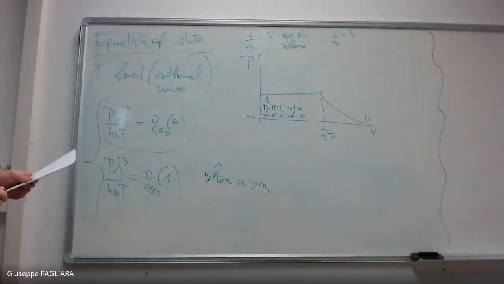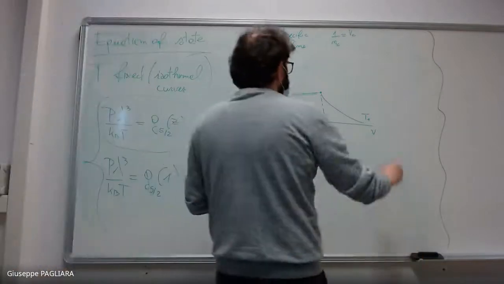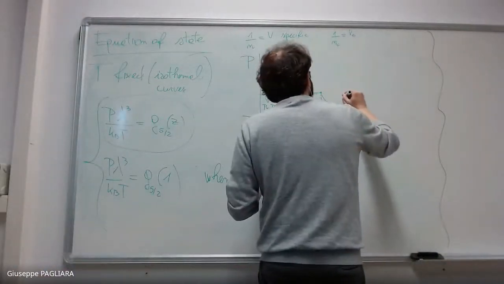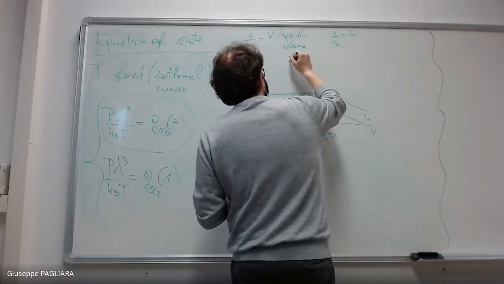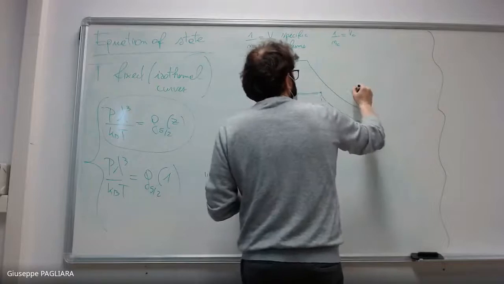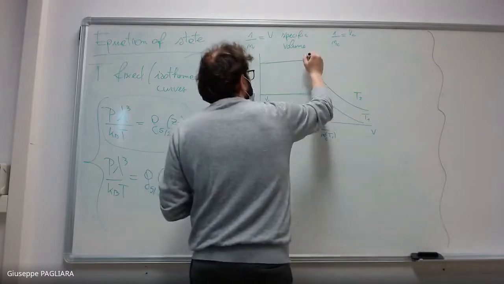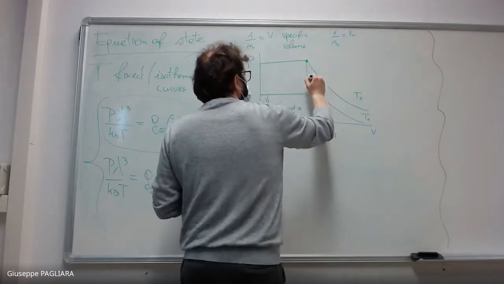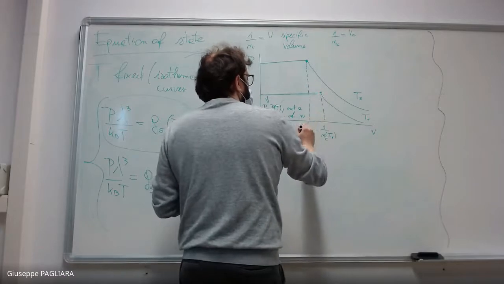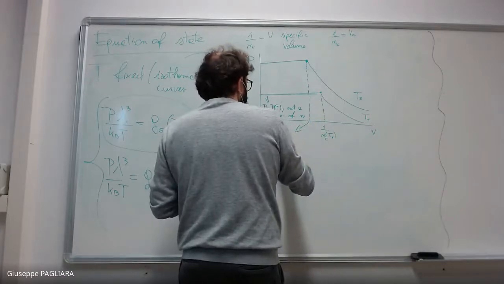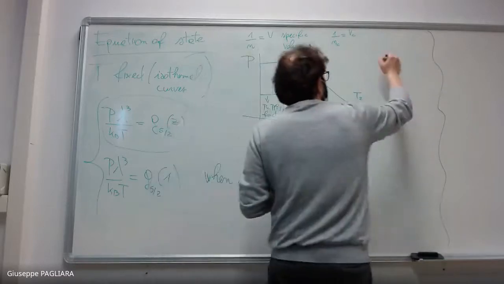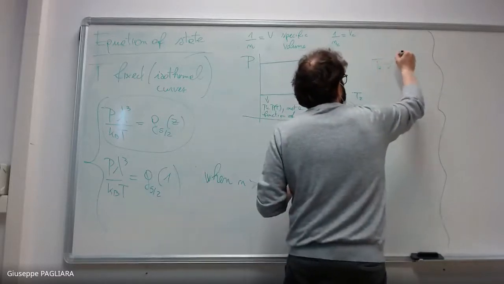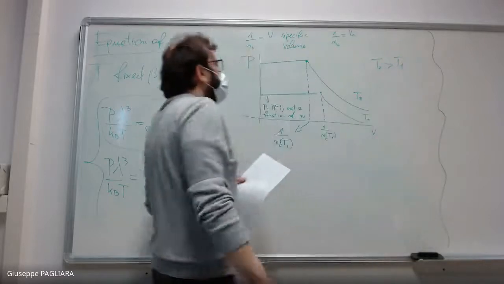Now, if I make a plot with a larger temperature, I will get something like this. So this should be T2. Here I will have another point, which will be 1 divided by nc of T2, where T2 is larger than T1.